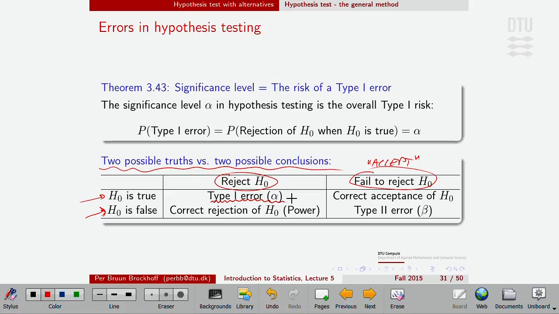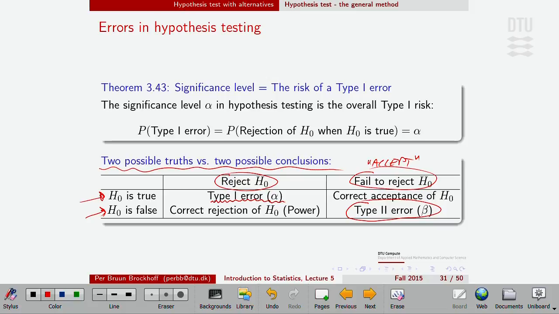There is a risk that I may reject the null in a case where I shouldn't have done it, right? Maybe I should have accepted it. Maybe it's true. Maybe I sometimes reject a true null. Maybe I sometimes claim that A is better than B, even though it is not. Maybe sometimes I should have rejected the null, but I missed it. Right? I didn't make myself able to prove anything, so I just accepted the null.